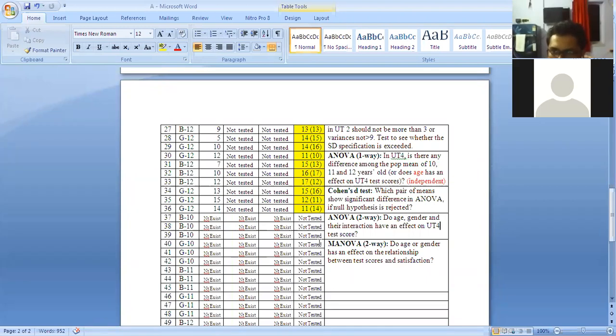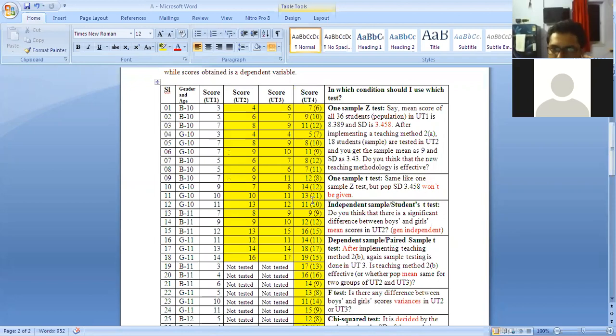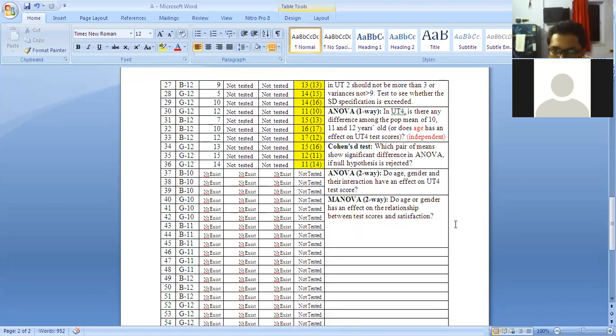I described it like yesterday. In that case you will use two-way ANOVA, where there will be 2 independent variables, age and gender, and 1 dependent variable, that is test score. You will look at your p values and take your decision accordingly.